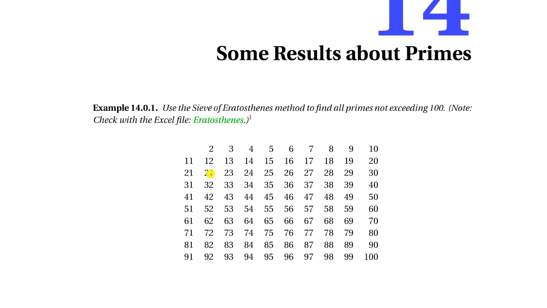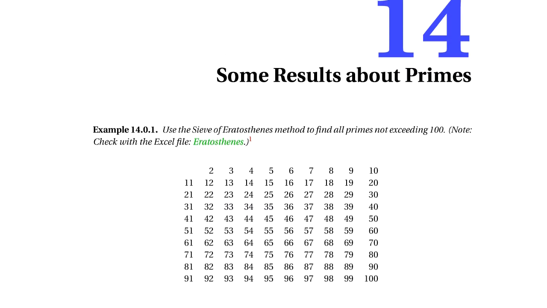Then the sieve method is when you choose that prime number, then the multiples of that number are not going to be prime numbers. For example, 12 is a multiple of 2. Any prime should have only 1 and itself as its divisors, right?